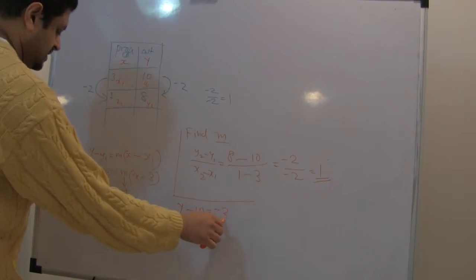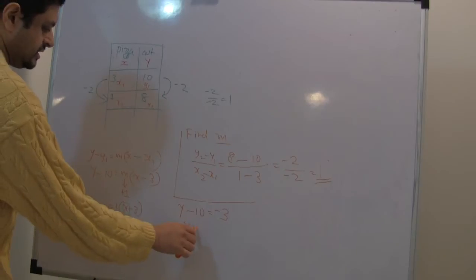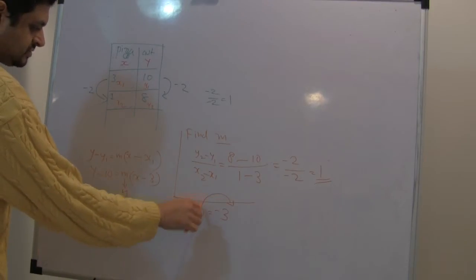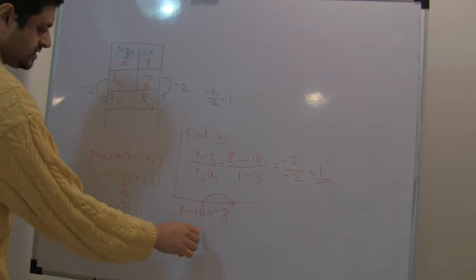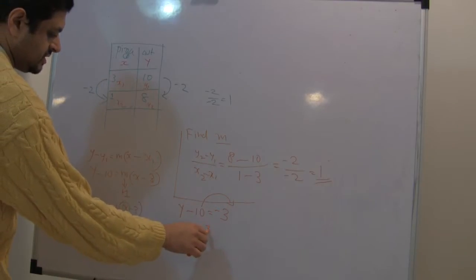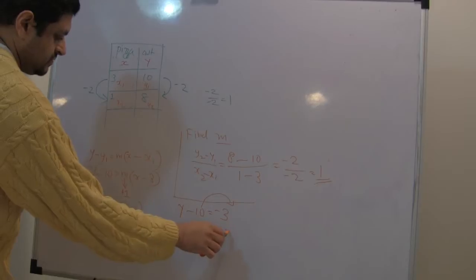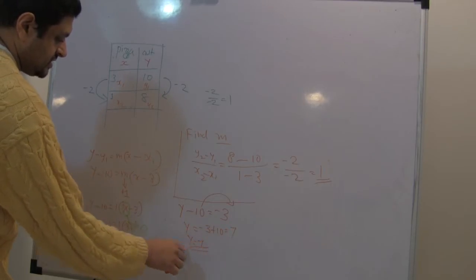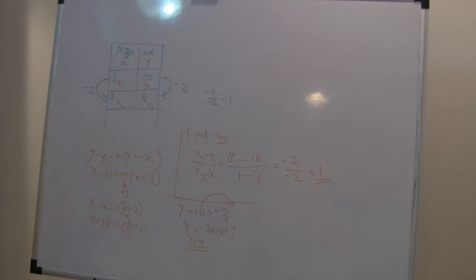When negative 10 goes to the other side it becomes positive 10, so negative 3 plus 10 equals 7. So y equals 7. That's the y-intercept.